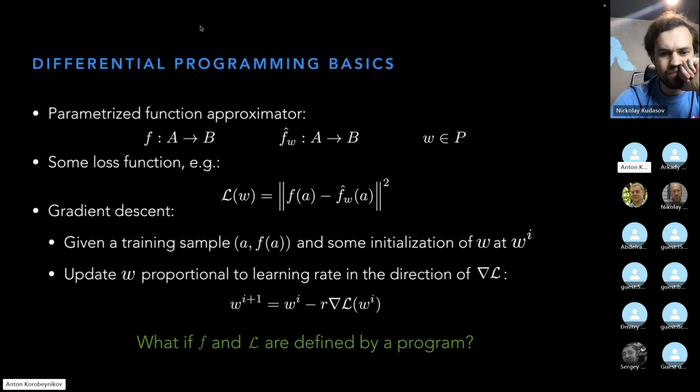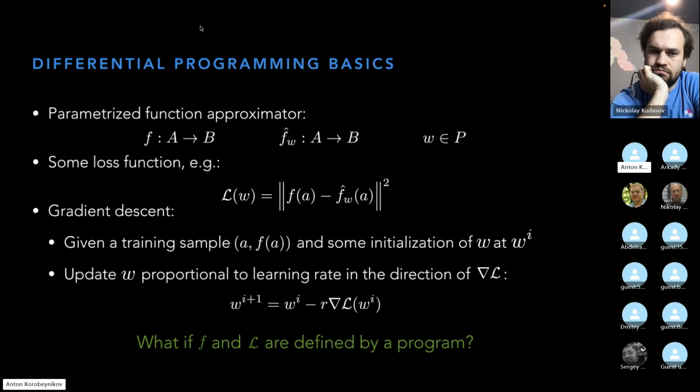In reality, certainly no one sane is using gradient descent in its pure form, like here. Most commonly, you see some variant of stochastic gradient descent that operates on batches of training samples at a time.